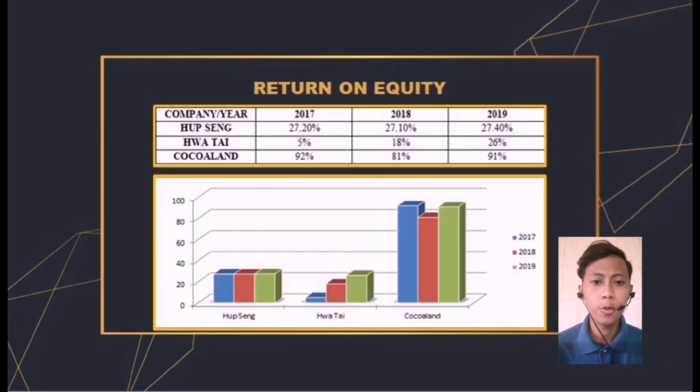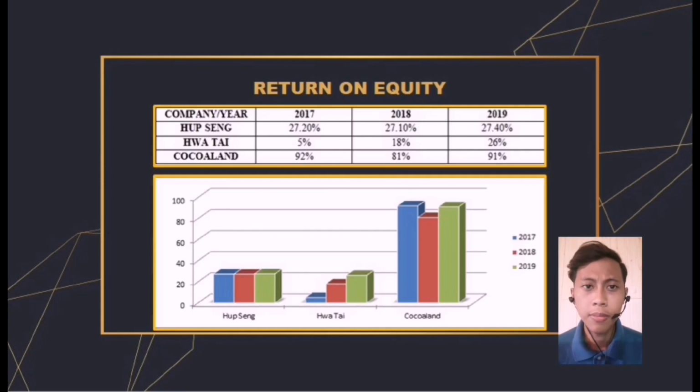Lastly, return on equity. From the graph, we can see that among the three companies, Coquelin is better than the other companies. The percentage return on equity of Coquelin is 92% in 2017, 81% in 2018, and 91% in 2019.